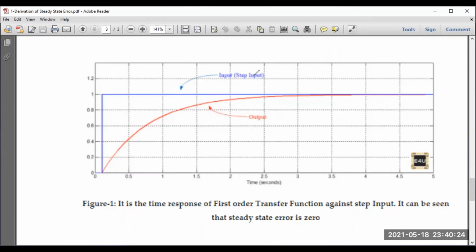Step input is the reference quantity and this is your actual quantity. Can you find out the value of the error signal? Yes, of course. At a glance, I can say that the steady state error is equal to 0. If you apply the formula, definitely you will get the value of steady state error. This is the time response of a first order transfer function against a step input. It can be seen that steady state error will be absolutely 0, so there is no difference between the actual output and the desired input.